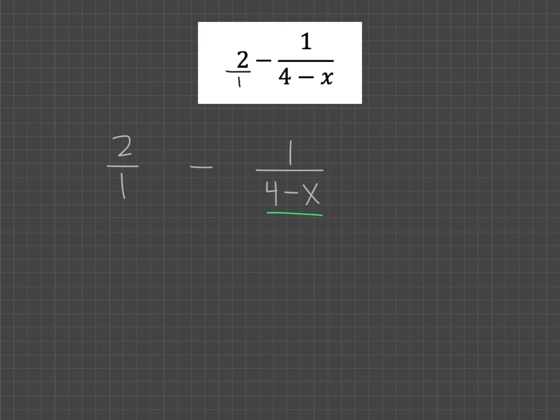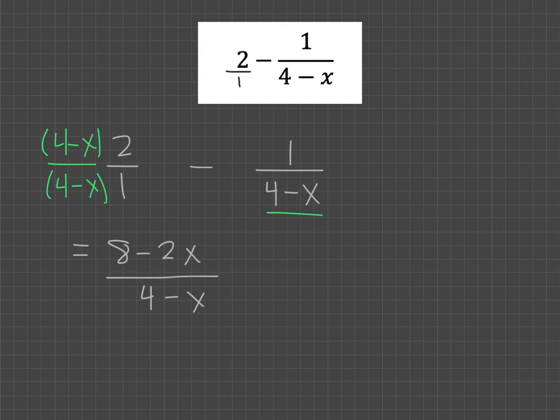So we're going to multiply 4 minus x times the numerator and the denominator. So distributing that 2, we get 8 minus 2x over 4 minus x, and then minus 1 over 4 minus x. So common denominator is 4 minus x. 8 minus 1, we get 7, and then a minus 2x.